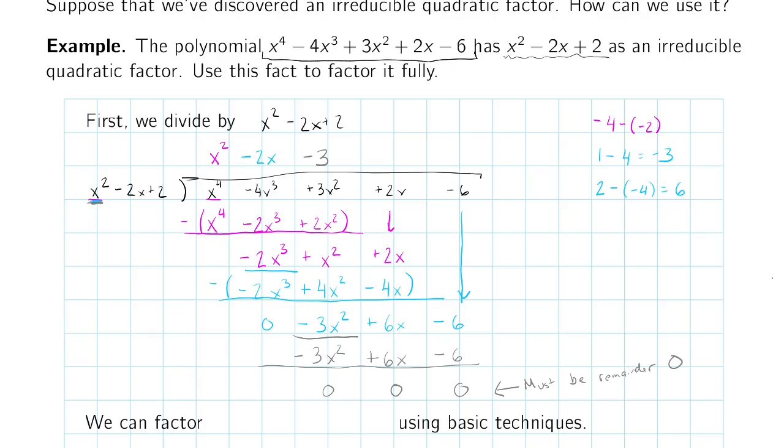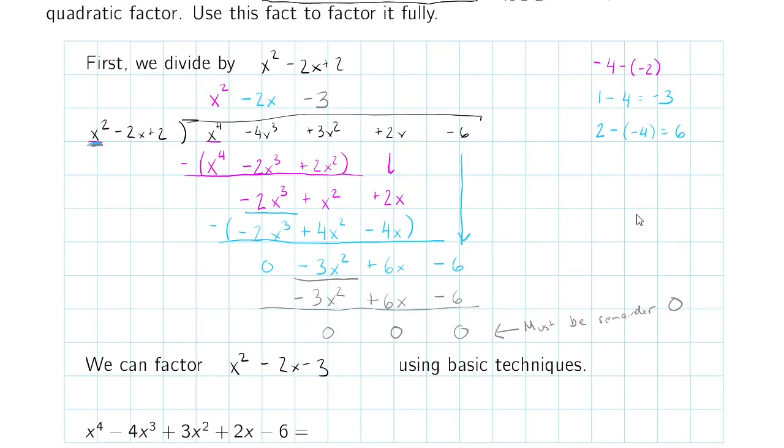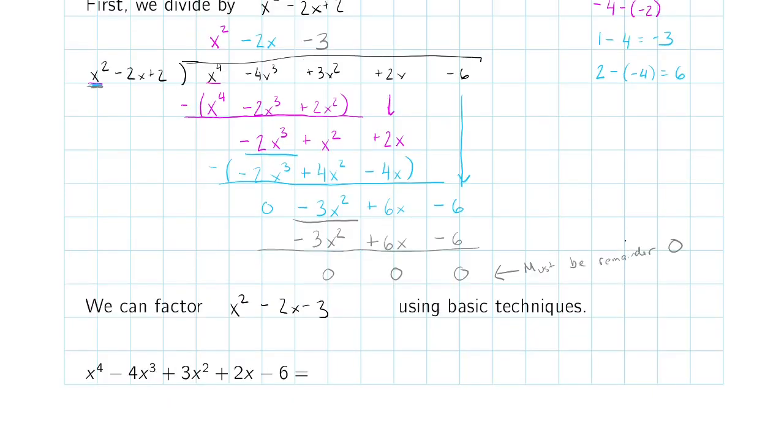We've gotten the remaining polynomial factor, x squared minus 2x minus 3. And the good news is, x squared minus 2x minus 3 is something that we can factor using our basic techniques. So we have a quadratic with leading coefficient 1.